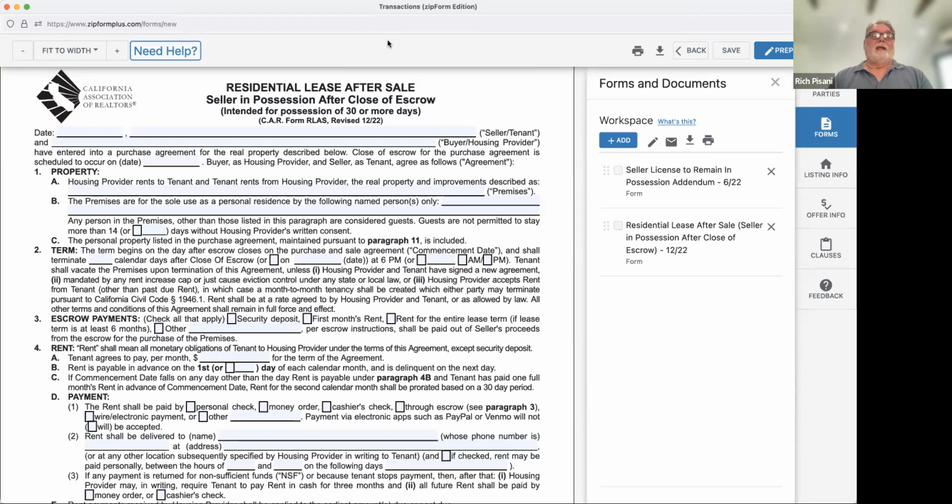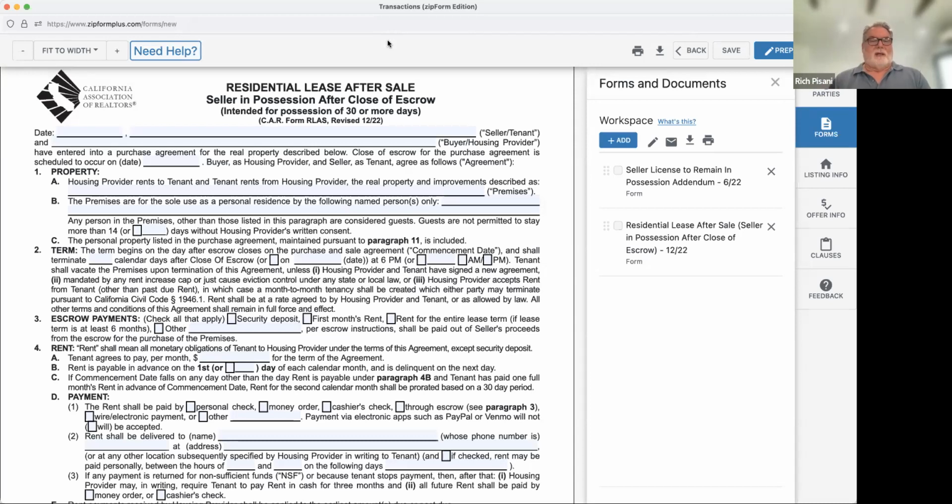So here's the term. The term begins on a date and shall terminate on a date. So it has a beginning date and an end date. It cannot be open-ended. That does not constitute a valid lease, which this is, or a valid contract. So it has to have a beginning date and an end date.